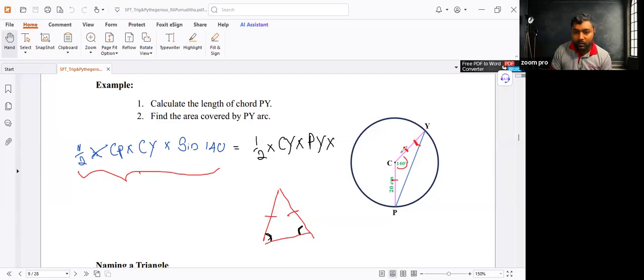So here 140, 180 minus 140 divided by 2. Then you will get the answer as 20. Here 20, here also 20. Then into sine 20.